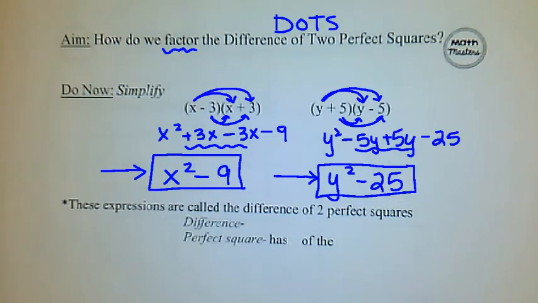Difference, of course, meaning subtraction. And a perfect square has two of the same factors.